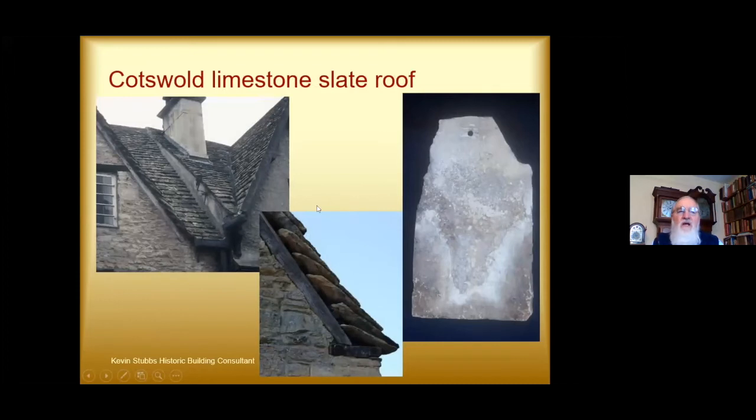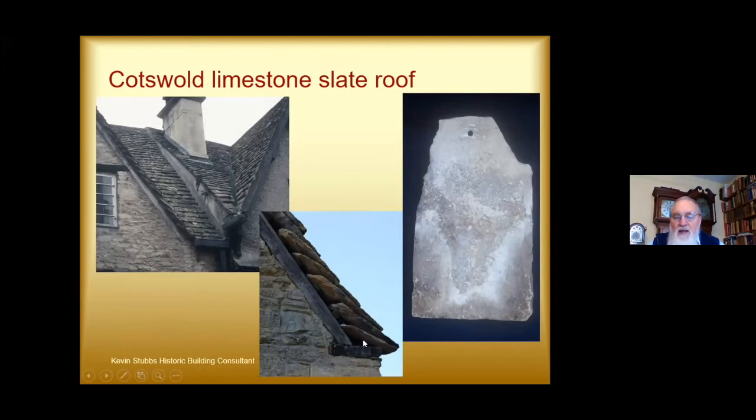In other areas of the country, the Cotswolds, the limestone there is absolutely ideal for producing stone slate roof coverings. And you can see it's laid quite often without even any head bedding, and sometimes even the eaves are left open.